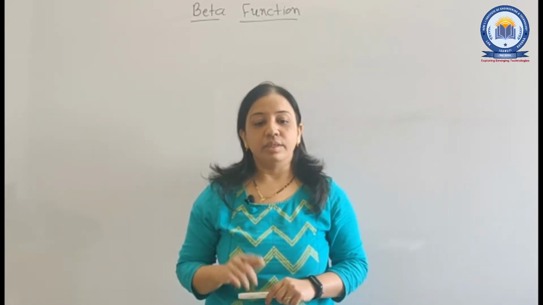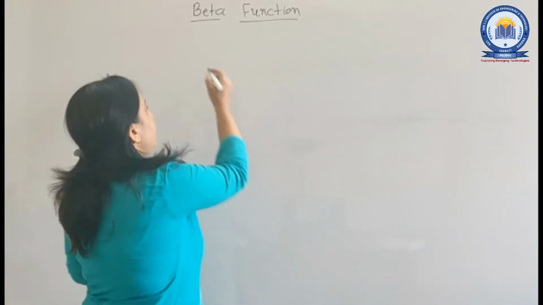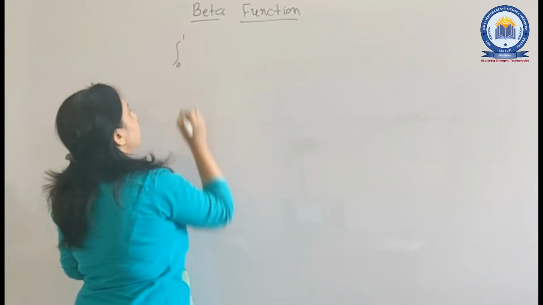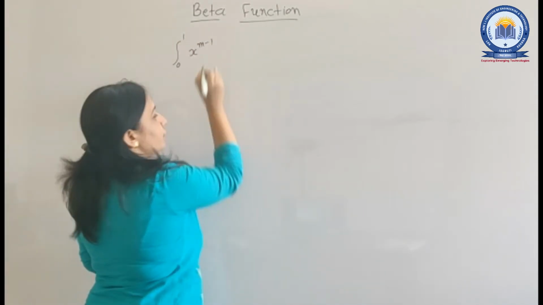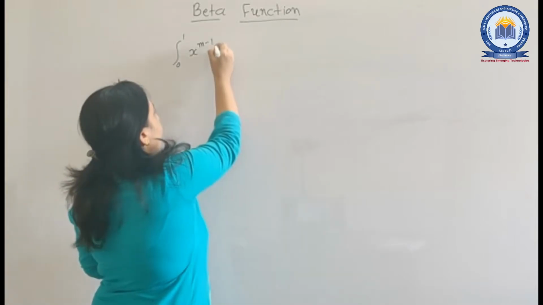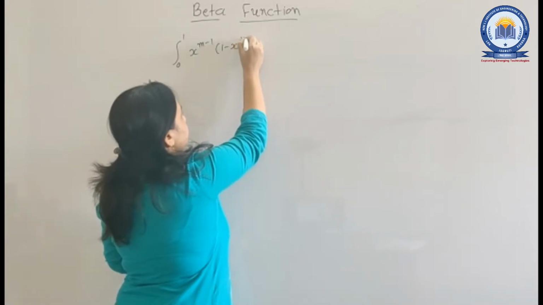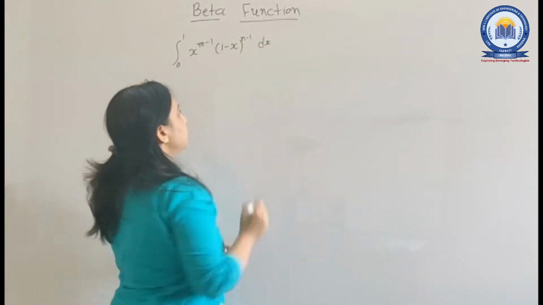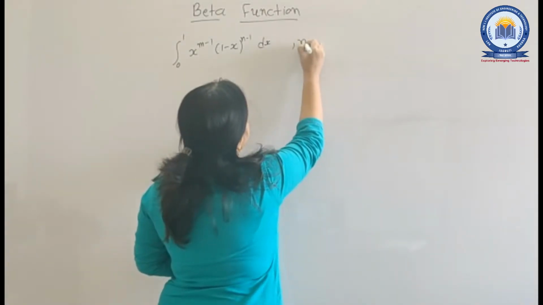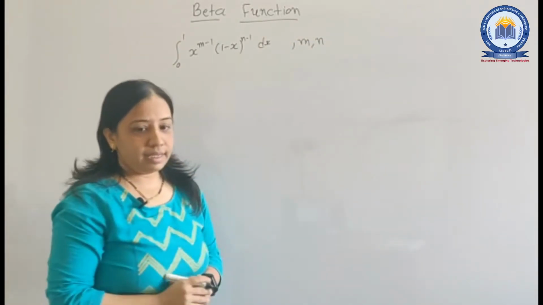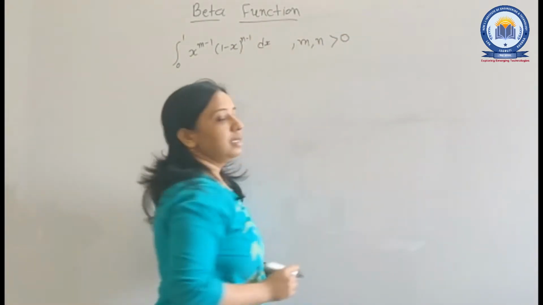The beta function. So the beta function definition is the integration from 0 to 1 of x raised to m minus 1 into 1 minus x raised to n minus 1 dx. This integration is there for two variables, that is m and n. The condition is that both must be greater than 0.